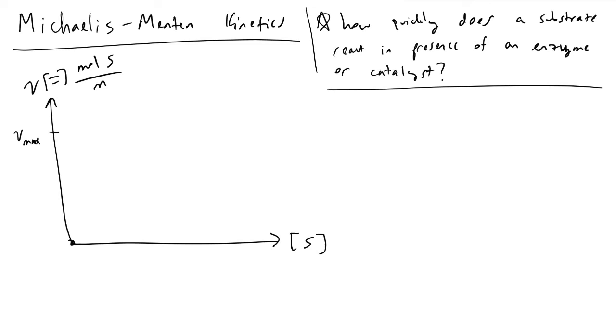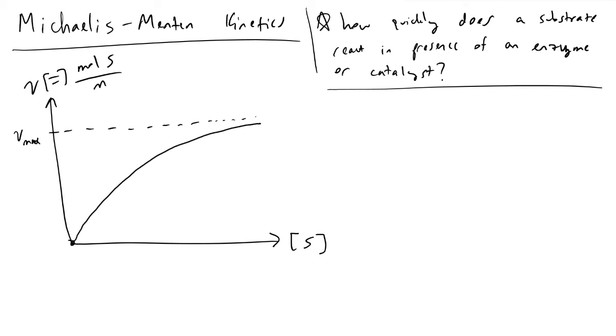And so what you'll find in Michaelis Menten is some upper limit referred to as Vmax. And Vmax is a horizontal line that your graph will eventually reach, a horizontal asymptote. And if you were to actually plot the reaction rate as a function of the substrate concentration, you would see things that look like this.